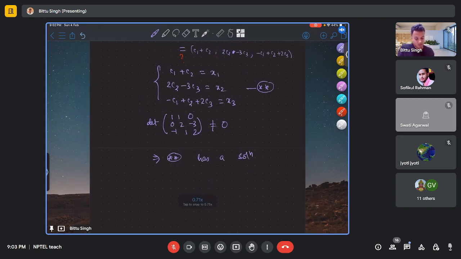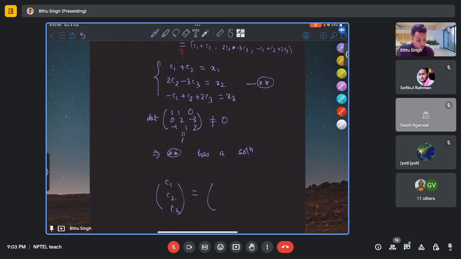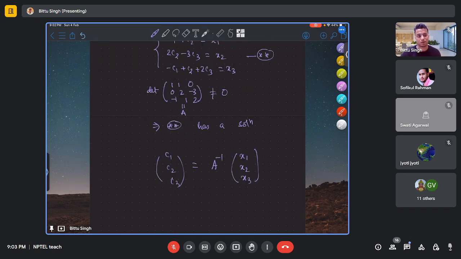Let us write the explicit solution. You can write C1, C2, C3 as the inverse of this matrix. If we denote it by A, it will be A inverse times X. Now you have to figure out what the inverse is and just multiply.